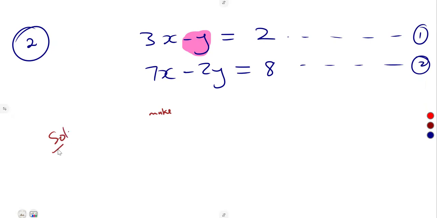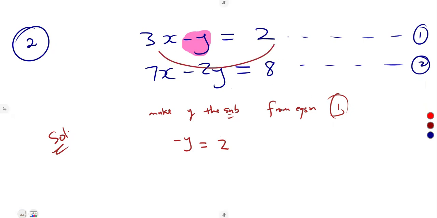So let us solve. Make y the subject from equation 1. It's minus y is equal to 2 on the right-hand side. Take the 3x there, it is going to be negative 3x the moment it jumps the equal sign. So this is minus y.